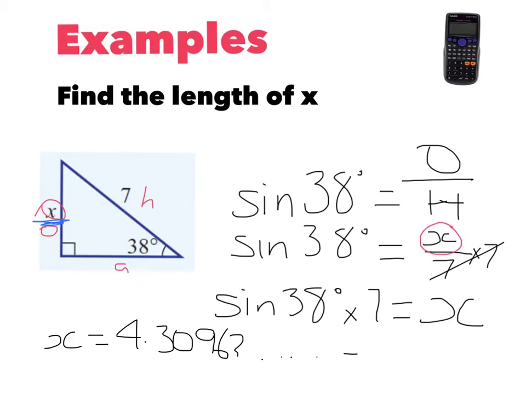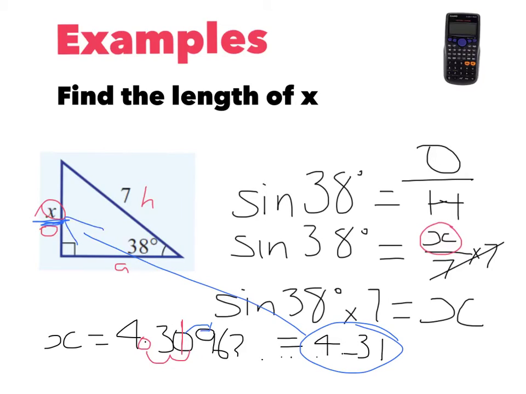I look to the place next to it: if it's greater than or equal to 5, I round up, so that 0 changes to a 1. My answer becomes 4.31. That's my answer for x. That side length is equivalent to 4.31.